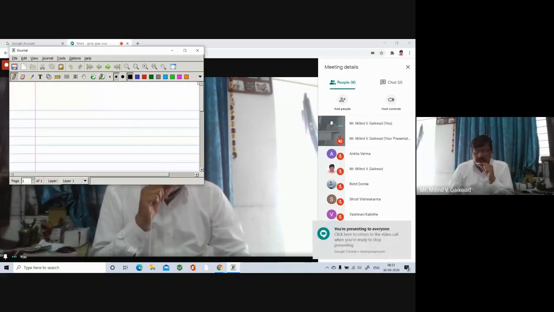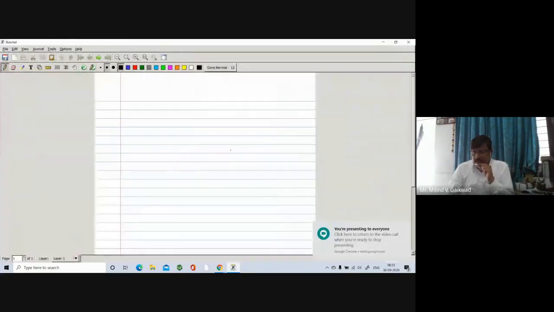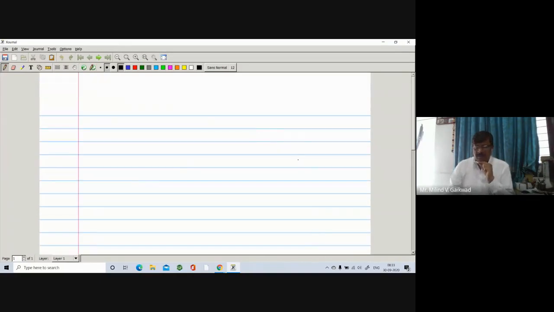So here we'll see the reactions of the carbon oxygen double bond, that is the carbonyl compound.